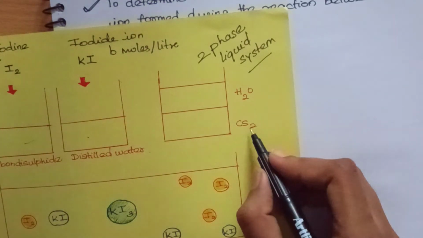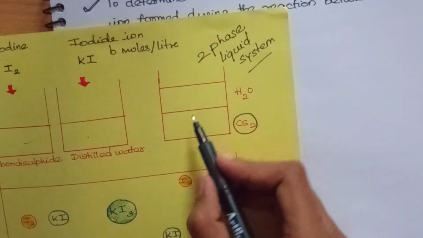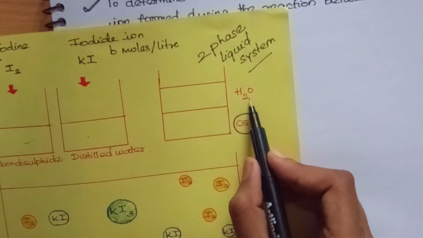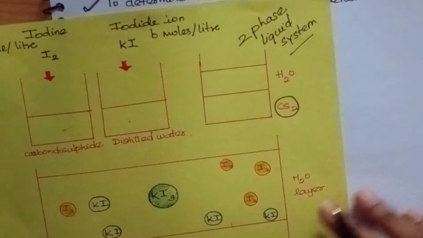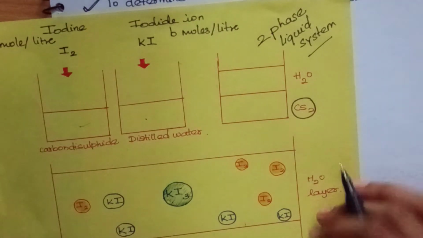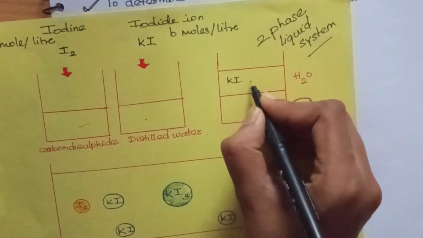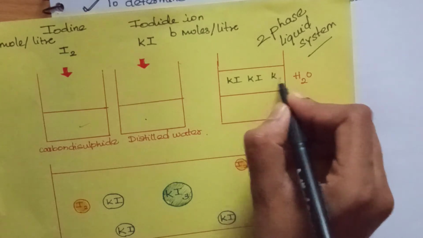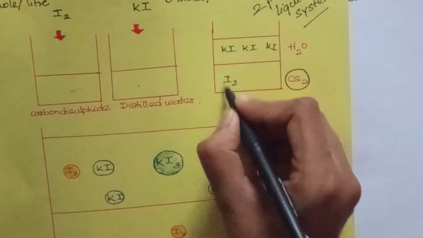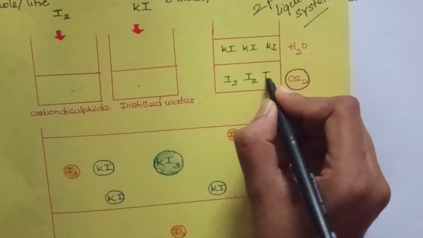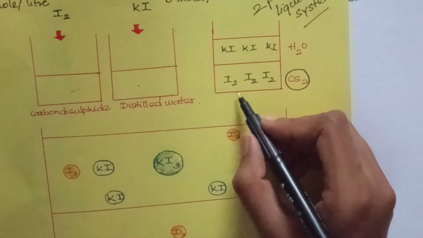Since carbon disulfide is denser than water, it will occupy the region underneath the water. Clear? Now in water you have potassium iodide. In carbon disulfide, what solute is present? Iodine is present. Now this iodine is also soluble in water.